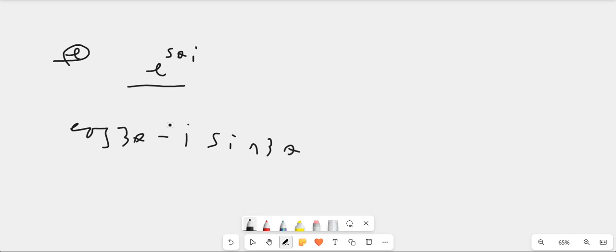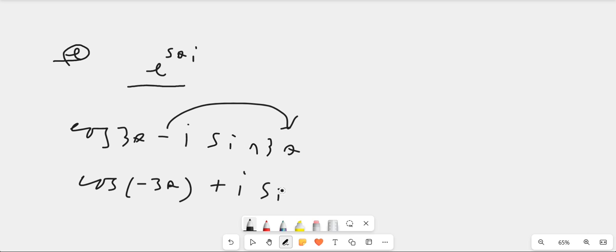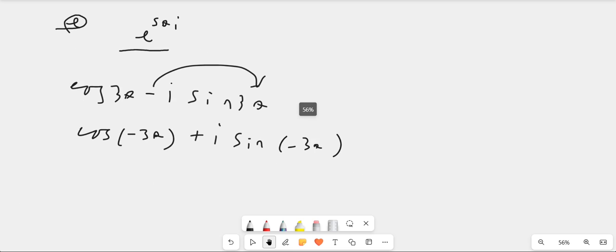So you bring the negative inside, and it becomes cos negative 3 theta plus i sin negative 3 theta, because it has to be the same thing in both of them. Now if I put this in exponential form, what's it going to give me? It's going to be e to the power of minus 3 theta i.